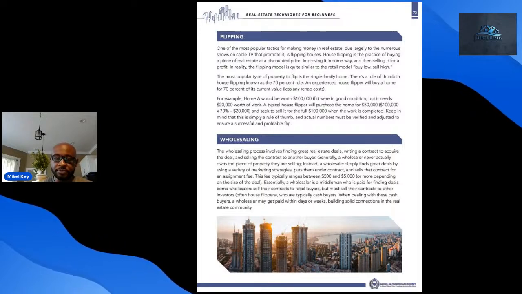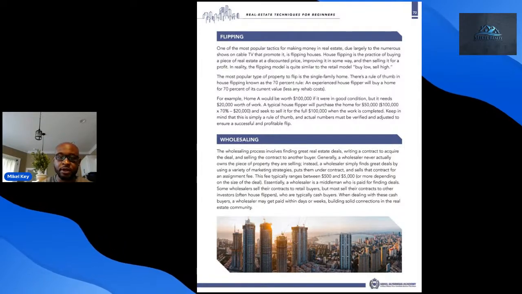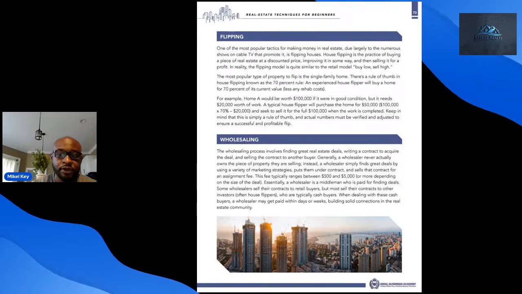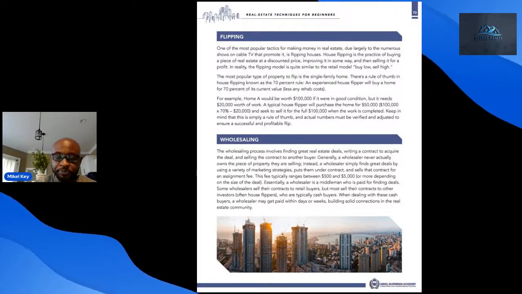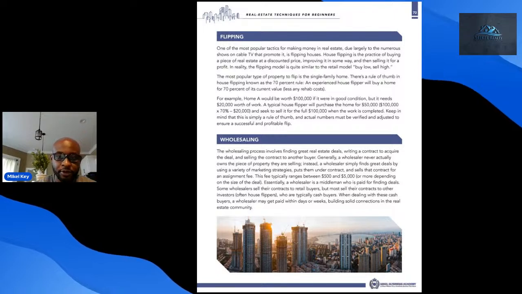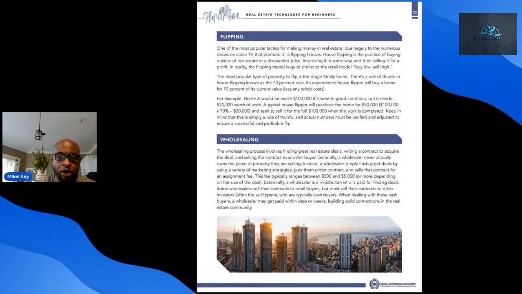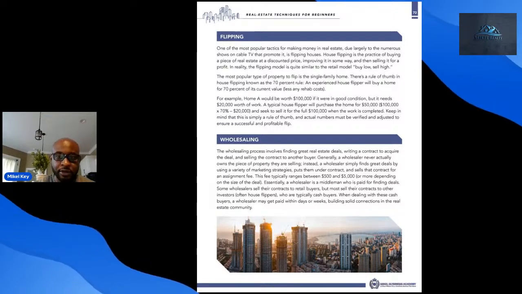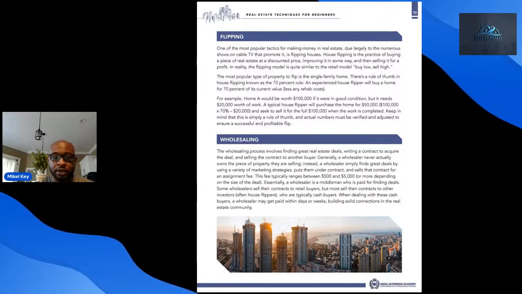Now, the 70% rule says that you don't want to invest more than 70% of the home's after repair value in the renovation cost and the cost to purchase the property.